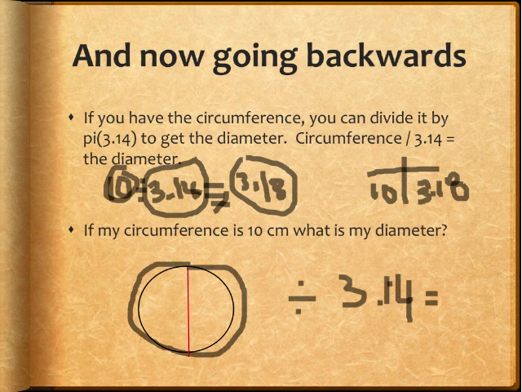I like cherry pie. All right? So what we can do is we multiply 3.18 by 3.14 to get 10. And we divide 10 by 3.14 to get 3.18. I wish I could print better on here. So those both will get you forwards and backwards there.